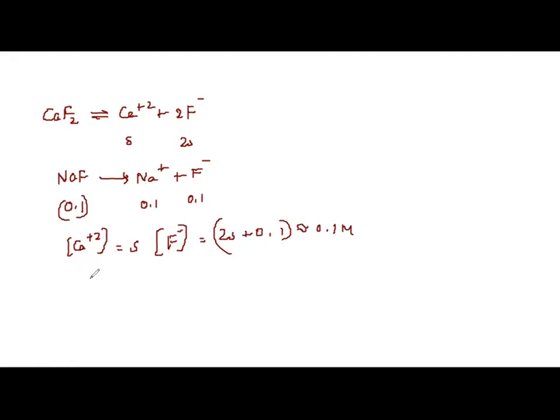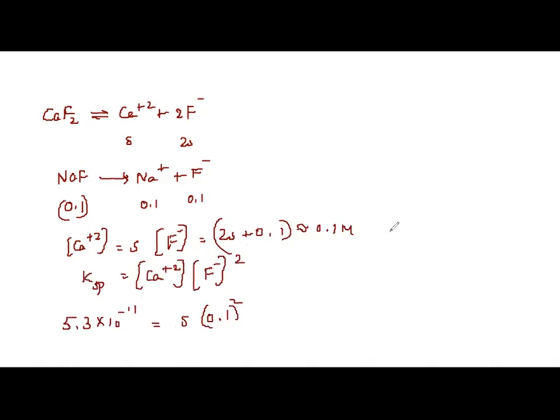KSP is equal to, how do we write? Molar concentration of Ca plus 2 into molar concentration of F minus raised to 2. So KSP is given as 5.3 into 10 raised to minus 11, equal to calcium concentration S, and F minus is 0.1, the whole square.